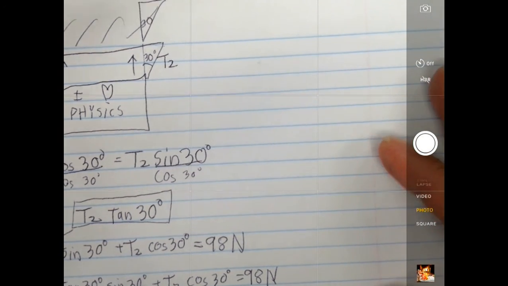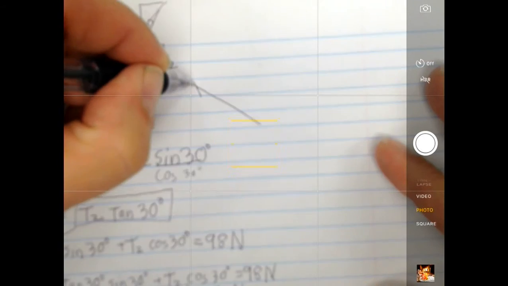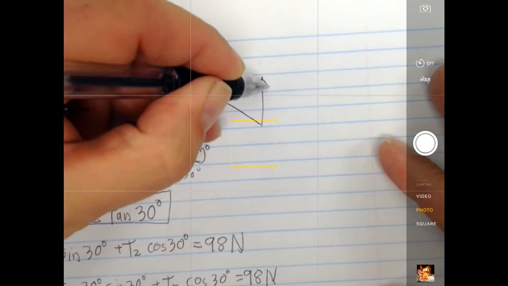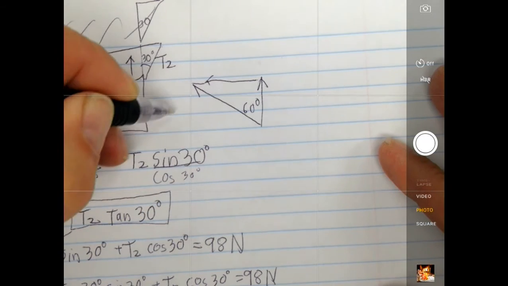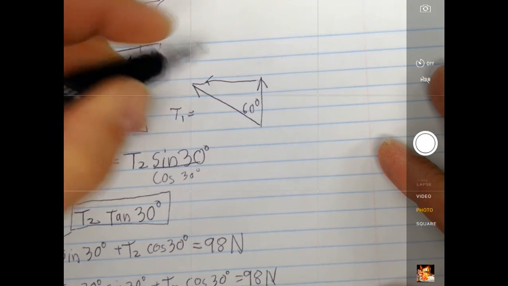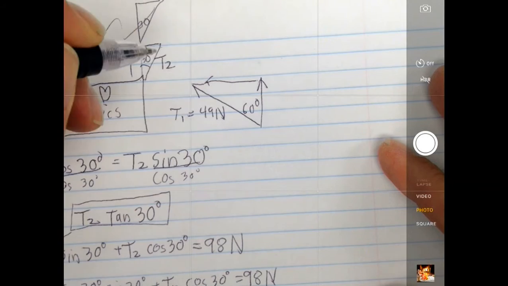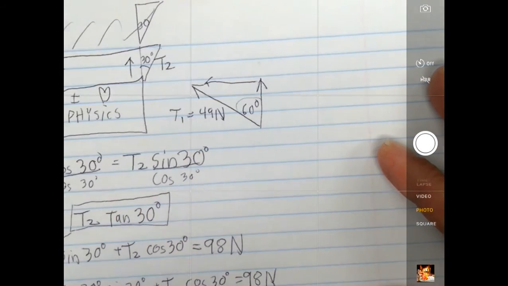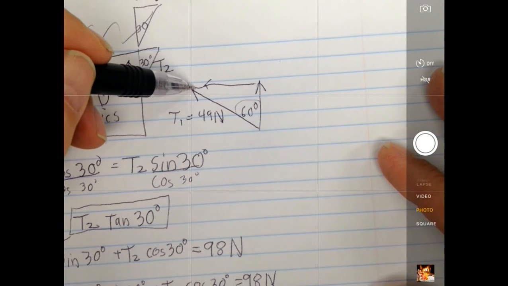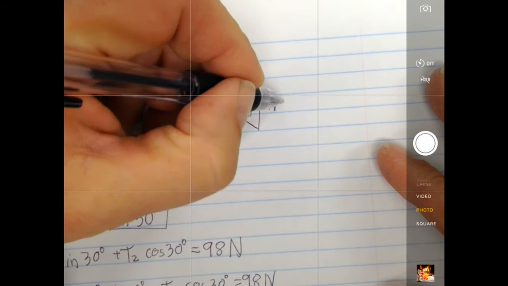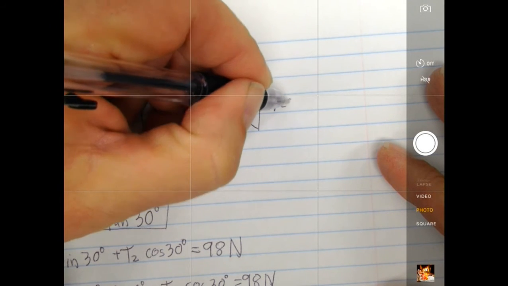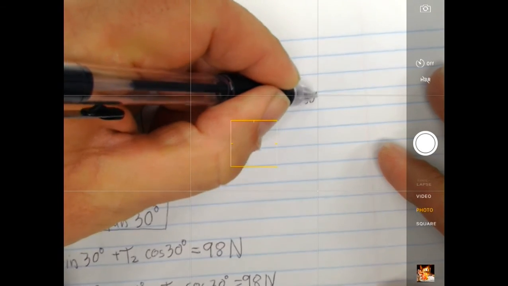For tension 1, we're saying that it is a 60-degree angle here, and that tension 1 was 49 newtons. So I would expect the horizontal component to be tension 1 cosine of 60 degrees.